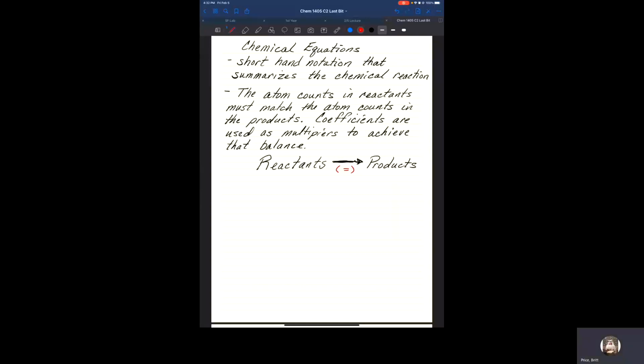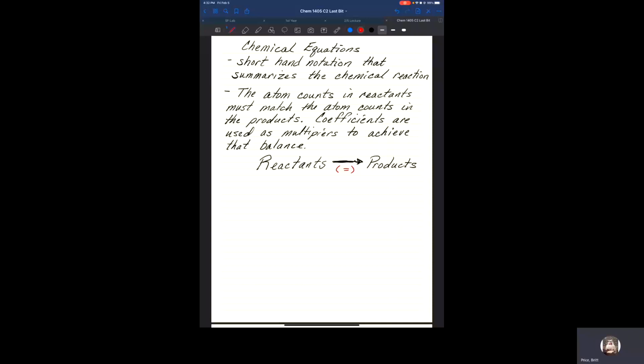For what we're doing right now, I want you to be able to determine counts of the various elements to see if an equation is balanced or not. I'm not worried yet about if you can come up with the coefficients. We will do that later.